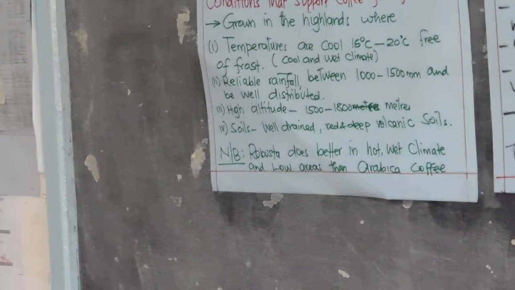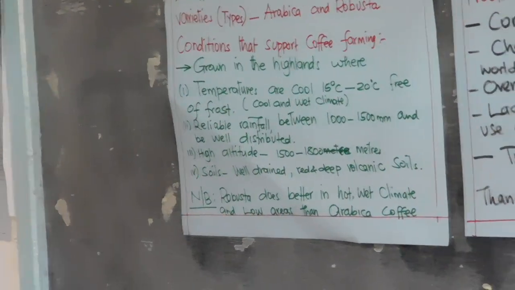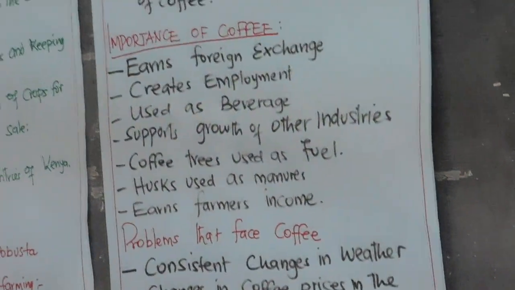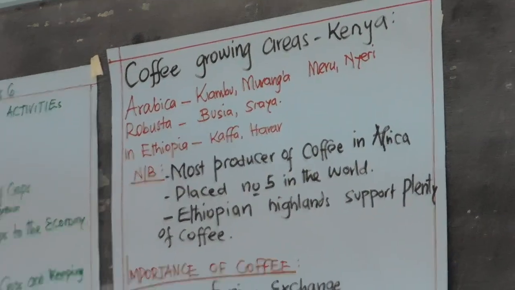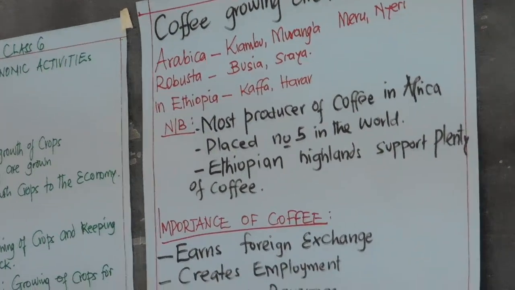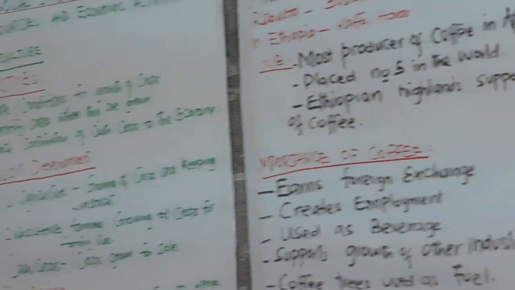We've also found some counties within the Mount Kenya region are very rich in growing coffee, just like the growing of coffee in the Abyssinian or Ethiopian highlands.